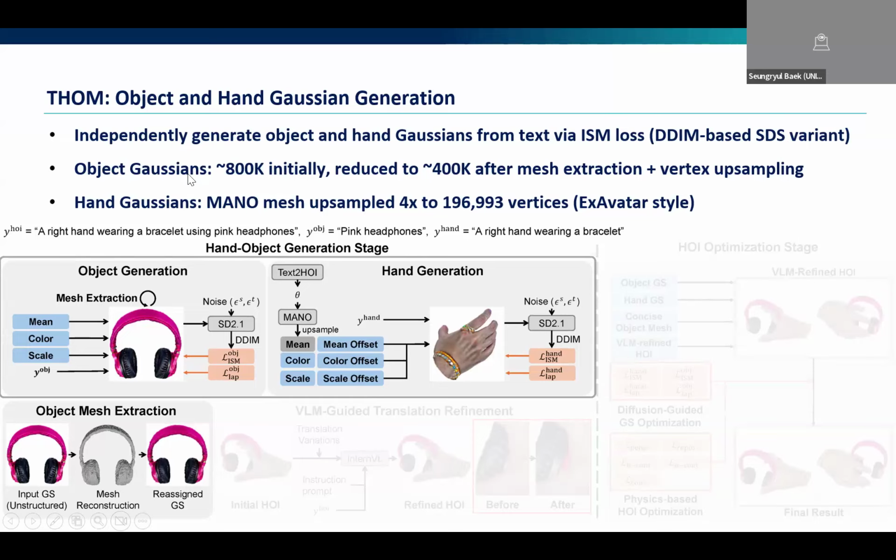For object Gaussians, it first runs the normal Gaussian generation pipeline, but in the middle we extract the mesh and upsample it to 400,000 vertices. For the hand Gaussians, we just use the existing MANO mesh model, upsampled 4 times.